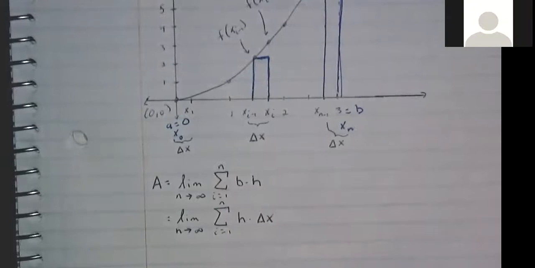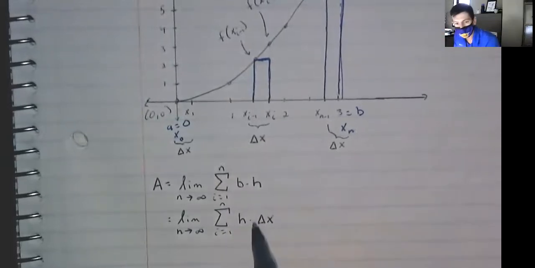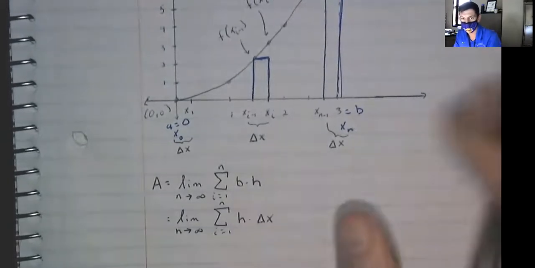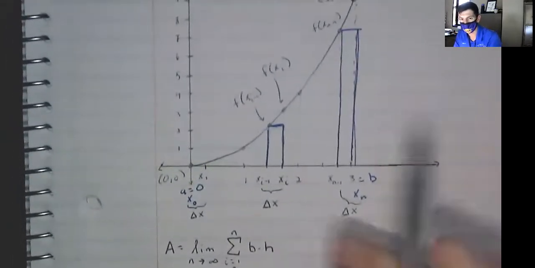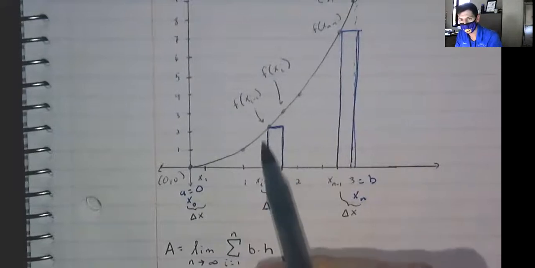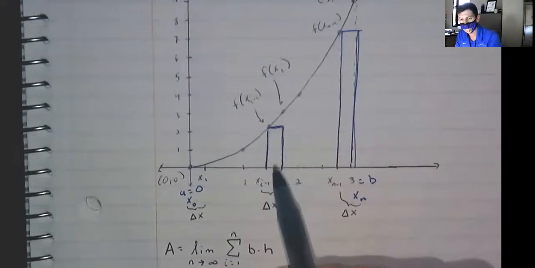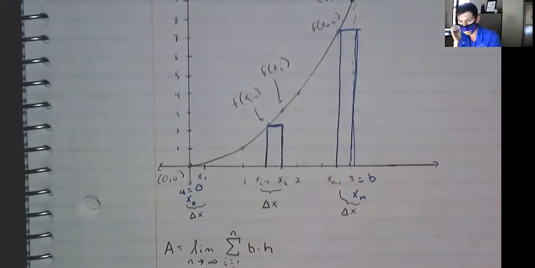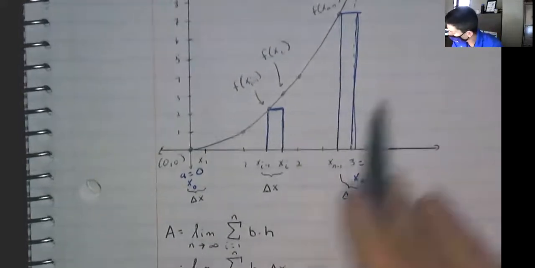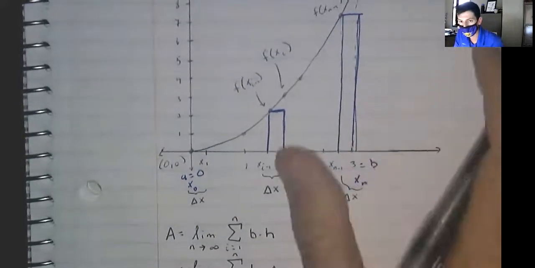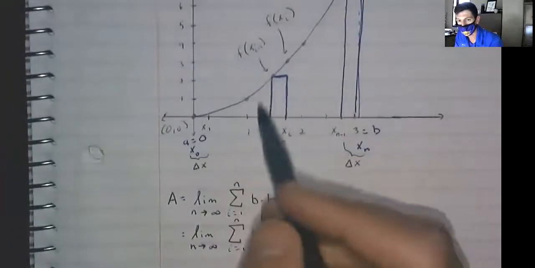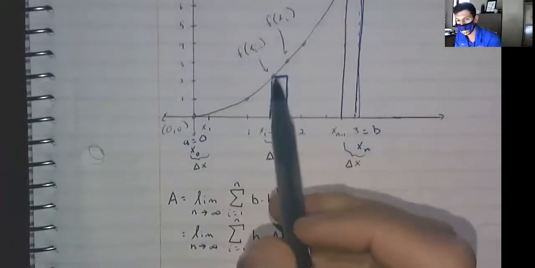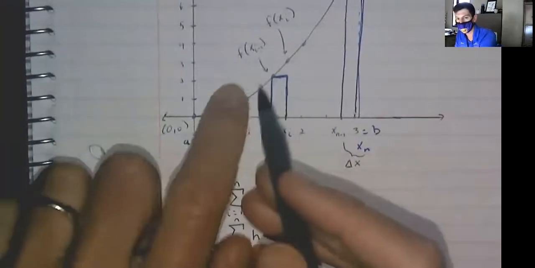Okay. So now we need to make a call on what is the height of each of these rectangles, which is where this hopefully neat and careful diagram will help us. Because this is our inscribed method, the height of each one of these rectangles will always be the left-handed side.